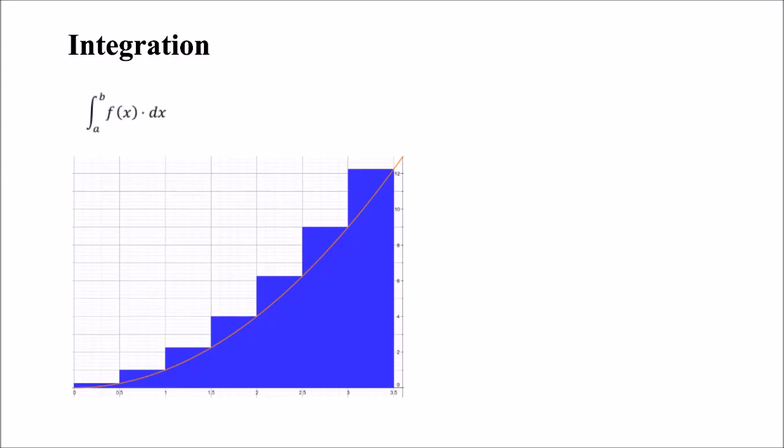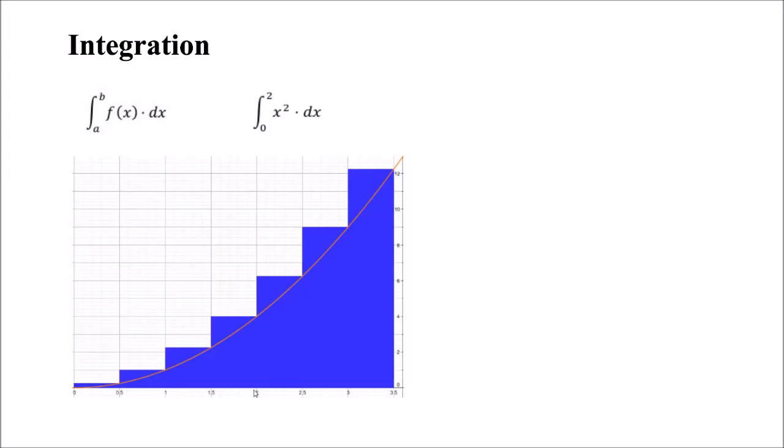Here is an example of how this is done. Take f(x) as x squared, a equals 0, b equals 2. We want to compute this integral, which is the area under the orange curve between 0 and 2.